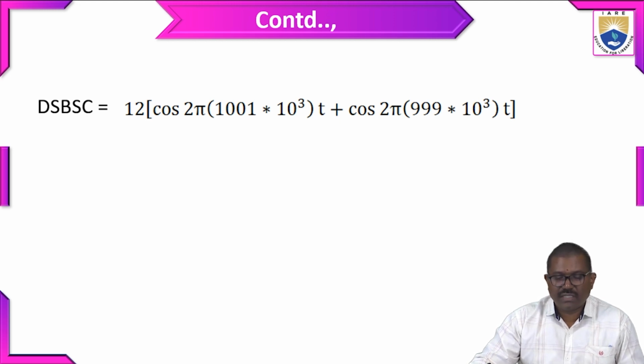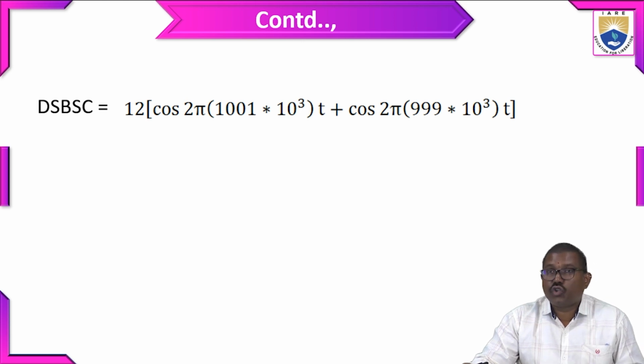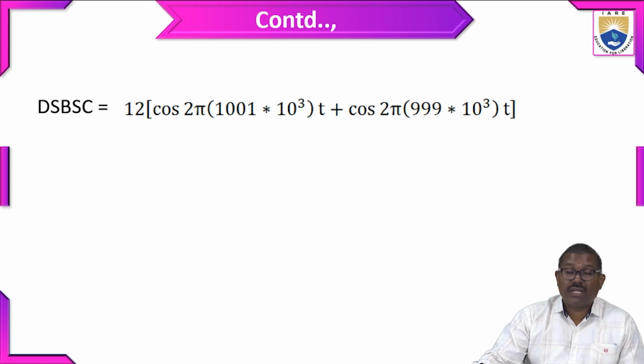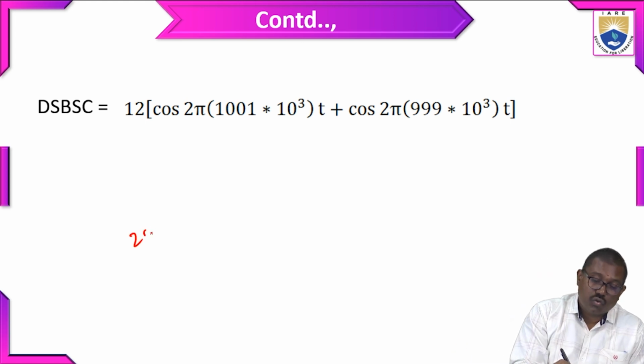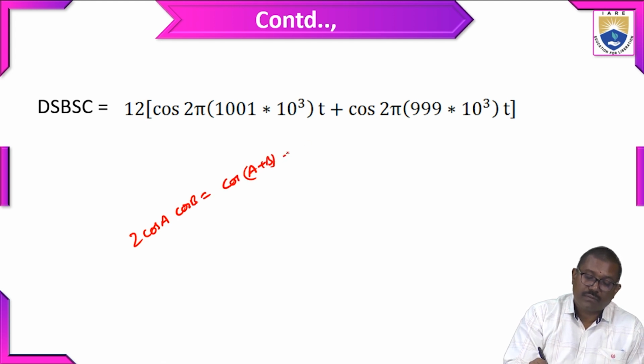So the DSB signal is this one: 12 cos 2π(1001×10³)t + cos 2π(99.999×10³)t. Why? Here we write 2 cos A cos B as cos(A+B) + cos(A−B).